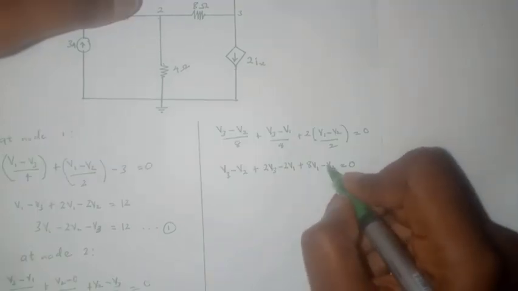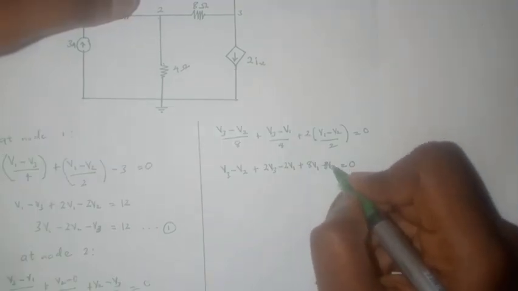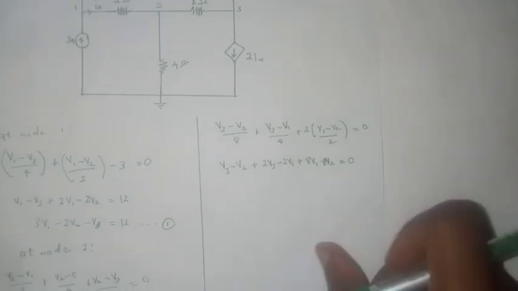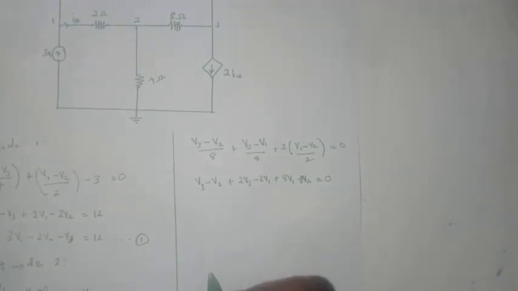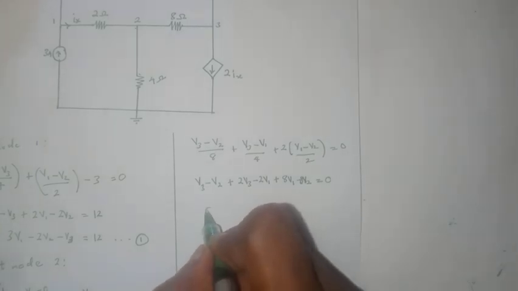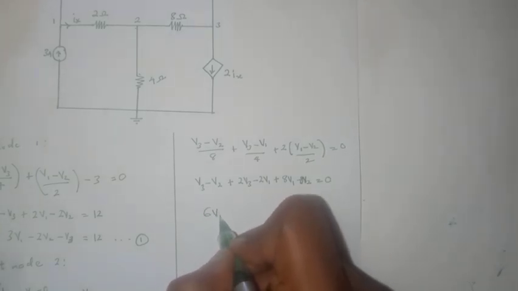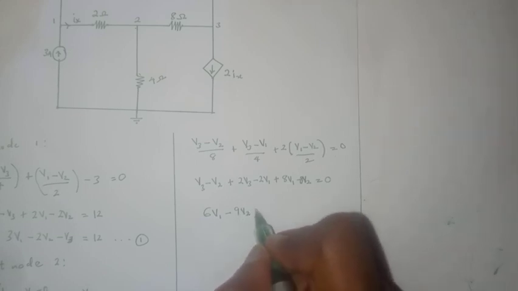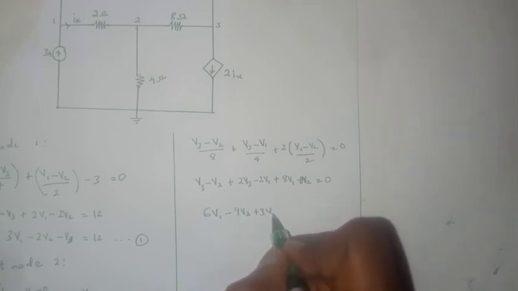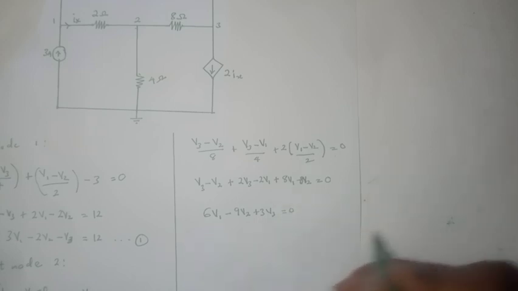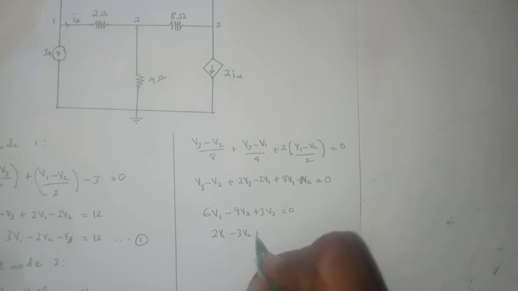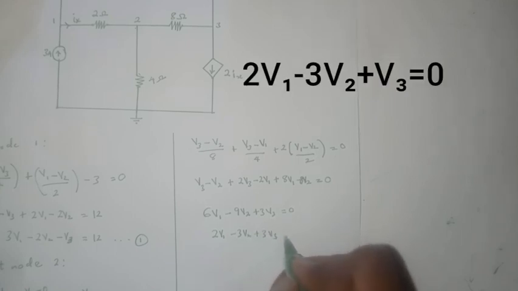It's supposed to be 8V2, sorry. We can then proceed to say that 6V1 minus 9V2 plus 3V3 equals 0. Divide through by 3, then we would have 2V1 minus 3V2 plus V3 equals 0.